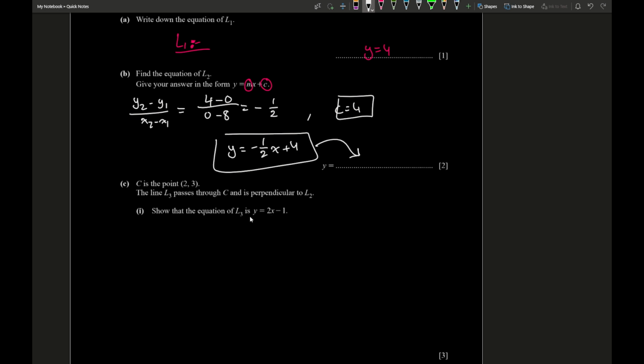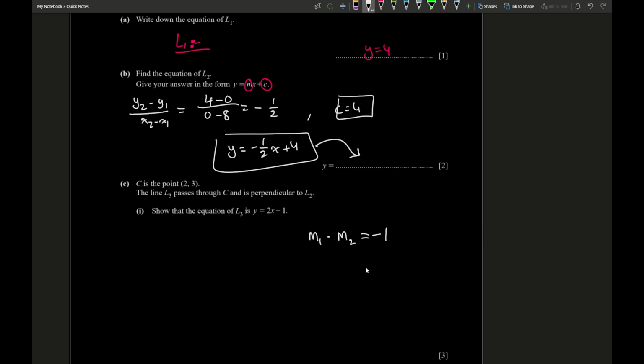Okay. Now, when you have two perpendicular lines, there's a formula that we tend to use to find the gradient of one of the lines given the gradient of the other line, which states that m1, the gradient of the first line, multiplied by the gradient of the second line, which is perpendicular to the first line, is equal to negative 1.